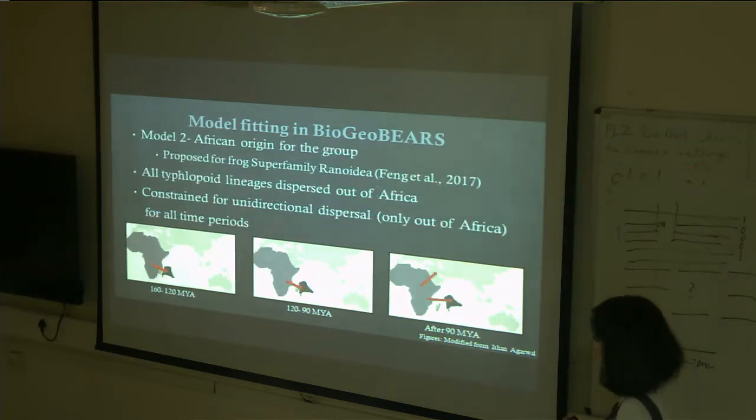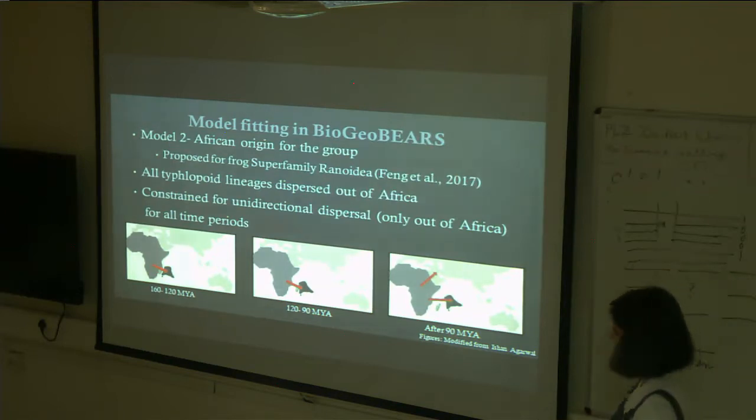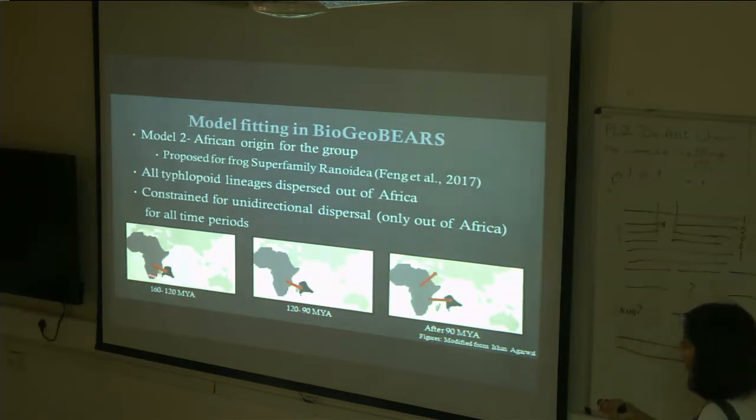And for the second model, I hypothesized that the whole group had an African origin, and all the blind snakes around the world right now had dispersed out of Africa into every landmass. And so I constrained for unidirectional dispersal out of Africa for all time periods.